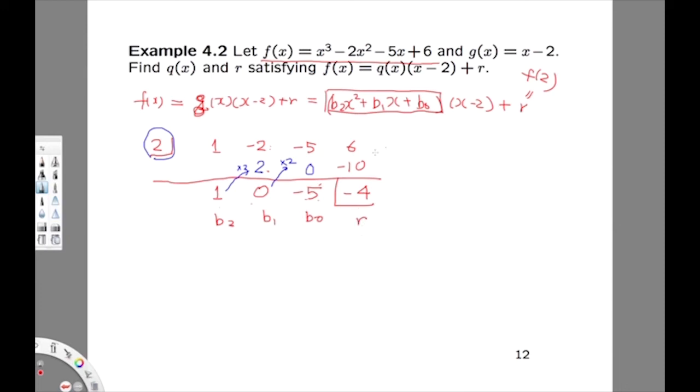So the formula you get is f of x, that is x cubed minus 2x squared minus 5x plus 6, sorry, that is equal to, this is the coefficient of x squared, so x squared minus 5x minus 2 plus minus 4.